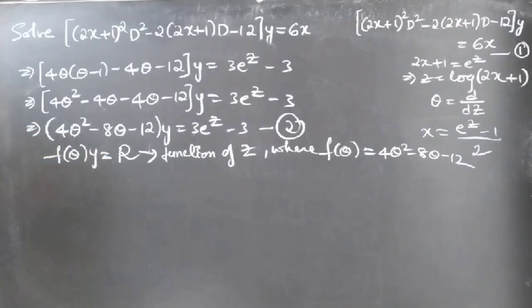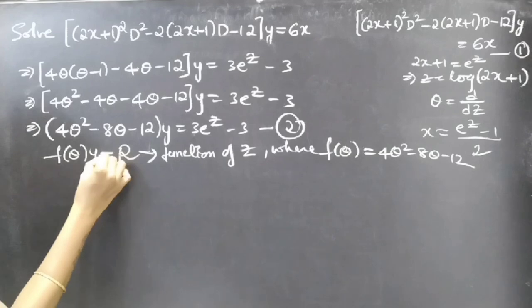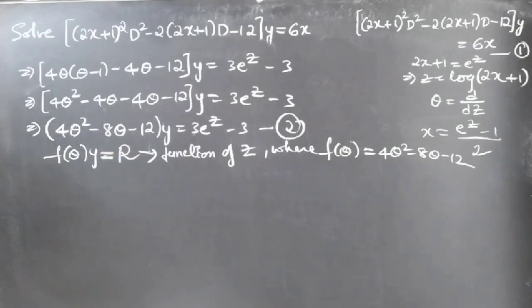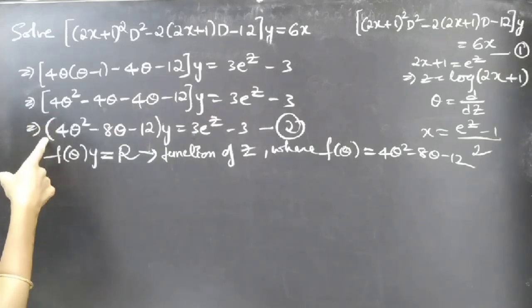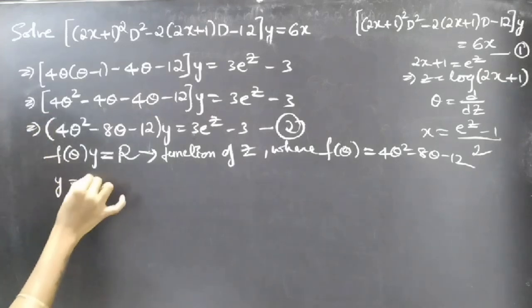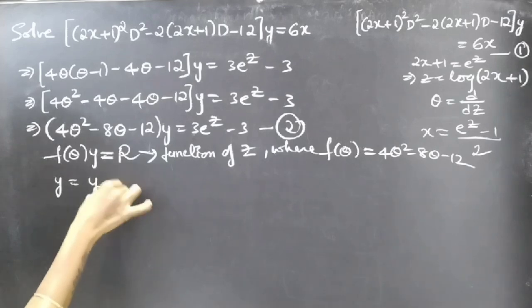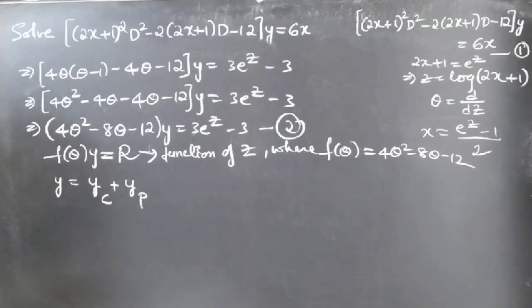Fine. Now we'll just solve this by using any of the methods which we have used to solve the linear differential equation with constant coefficients, right? Now we'll find the solution to this equation 2, and the general solution is given by y equal to yc plus yp.